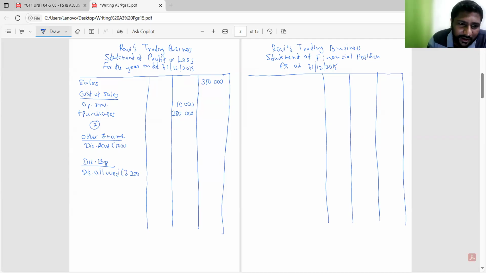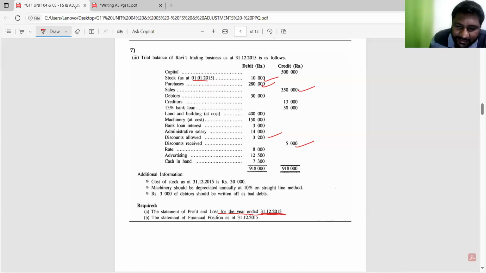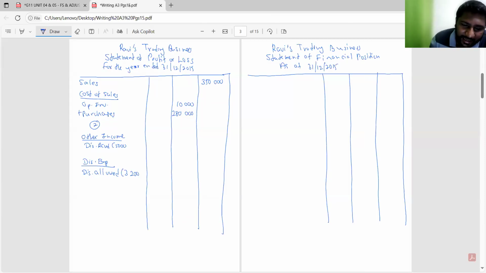Now here I can get an understanding, it's very clear. Here we have an adjustment only for the debtors and the depreciation. So closing stock amount you have to write. So all the values I can directly write in the column. When you practice questions, you will get that learning.